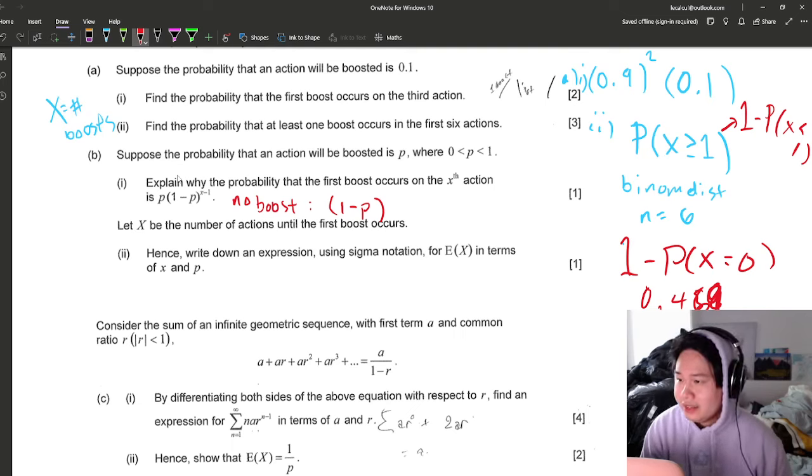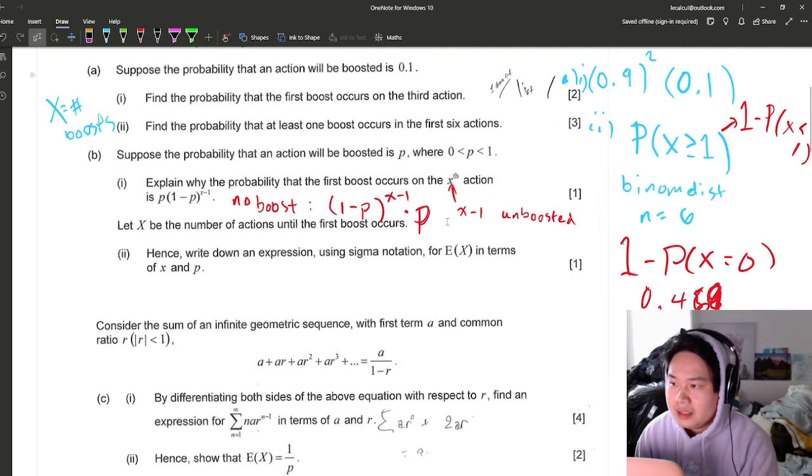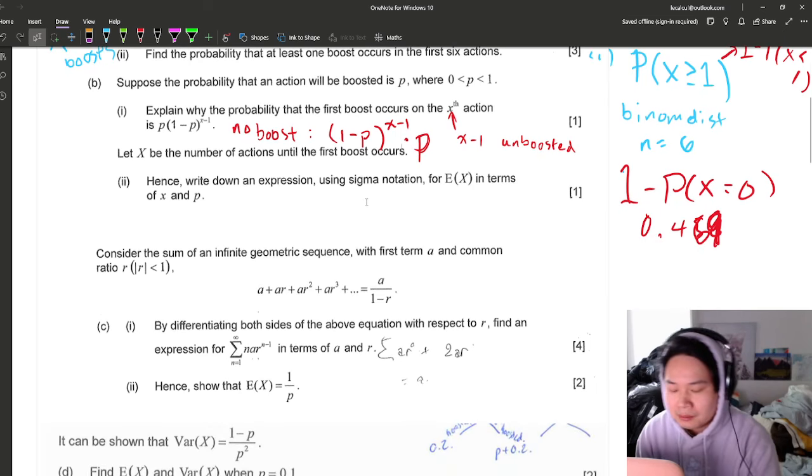And then X action means that you have X minus 1 unboosted actions. So that's why this has an exponent. And then of course on the final action, you hit the boost. So then this gets multiplied by 0.1 or p or whatever value this is.